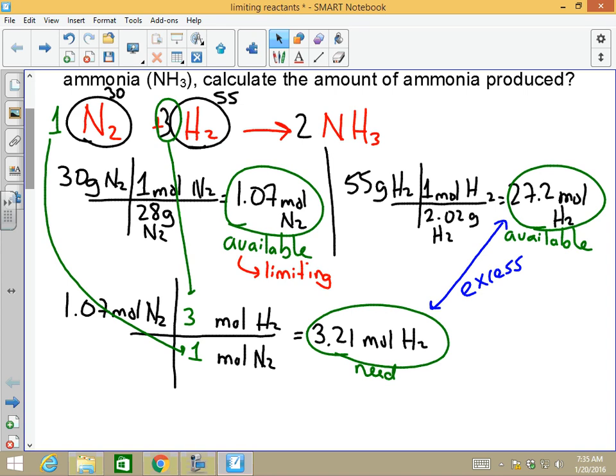I take that limiting number, 1.07, like when I had the students and the desks. The one that determines the pairing is the one that is going to run out, and in this case the 1.07 is going to run out. So I use it to find the mass of NH3.